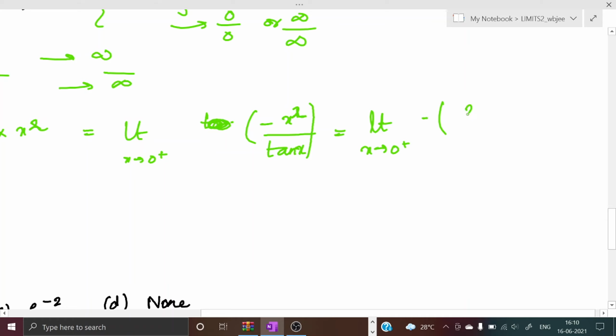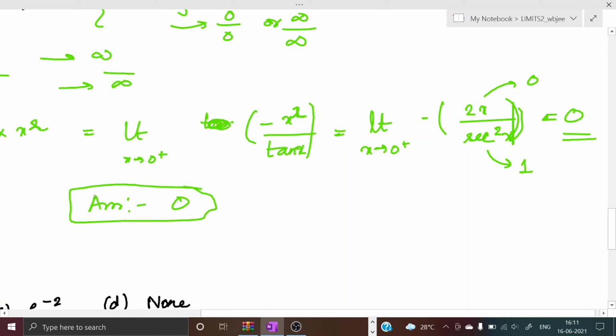So minus 2x by the differentiation of tan x, which is sec square x. So now you can see that this will be equals to 0 because the numerator is 0 and the denominator is 1. So your answer would be 0. It is easy. You just have to convert it into the 0 by 0 or infinity by infinity form so that you can easily apply L'Hopital's rule.